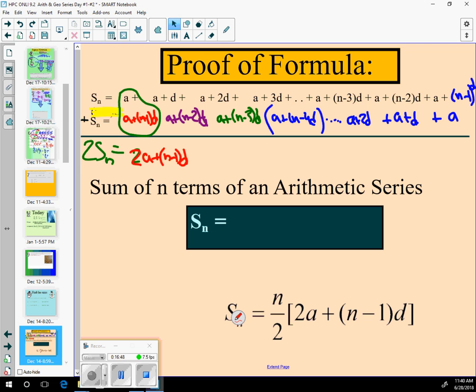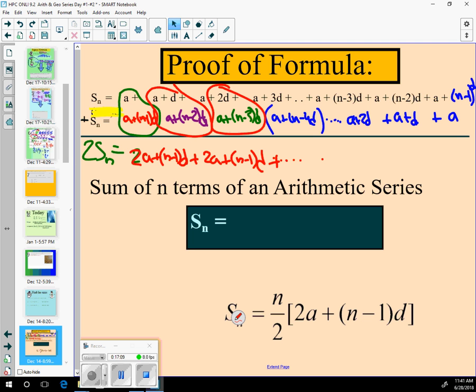And then you're going to have another one, and notice one of the d's will cancel, so it'll be 2a plus n minus 1 times d again, and you get it again, n times.